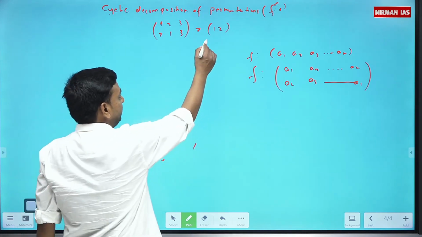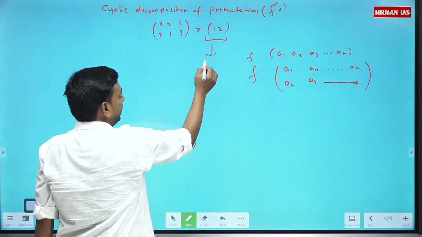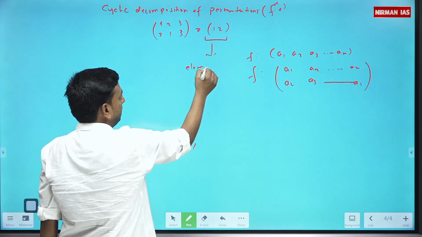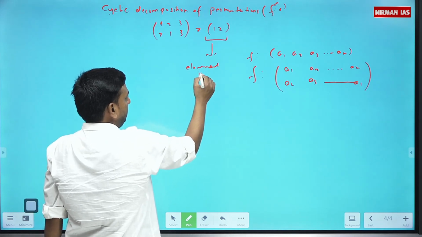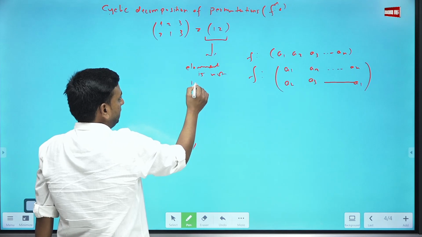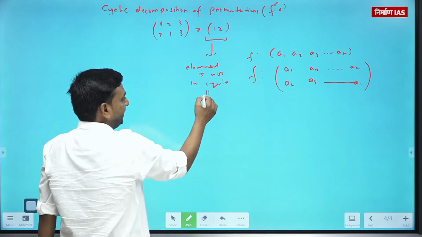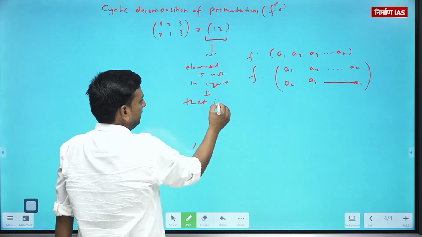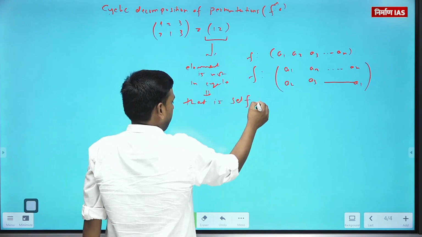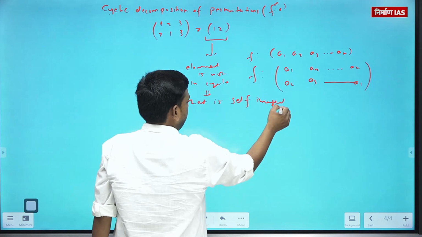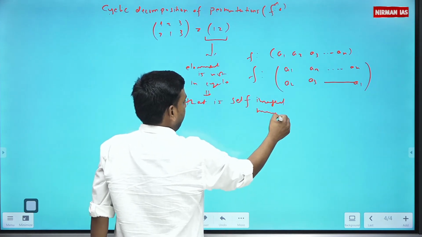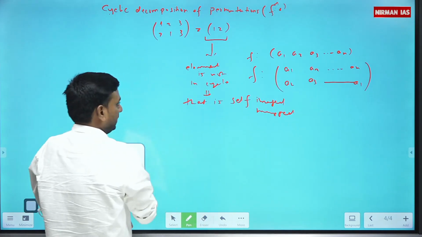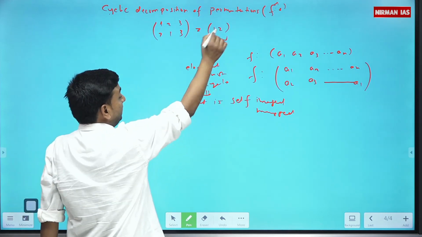When you write like this, if some element is not in the cycle, then it is said to be self-imaged or self-mapped.